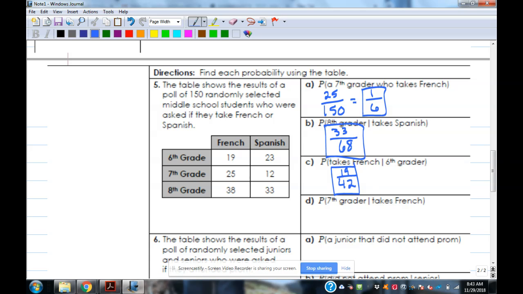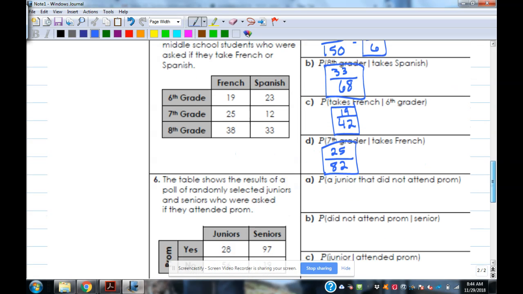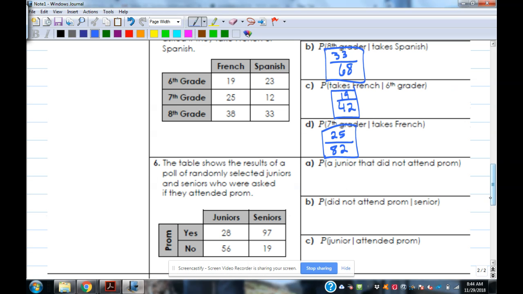And how many 7th graders are there? 25 in that column. So 25 out of a total of 82. And that doesn't reduce. 25 and 82 don't have anything in common. Don't overthink this, but don't get in too big of a hurry either, as you make mistakes either way.